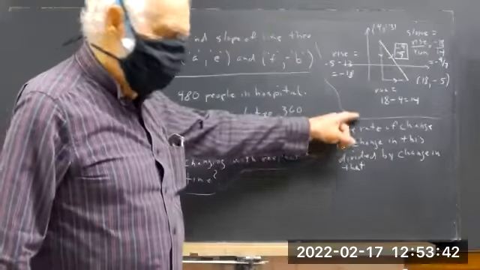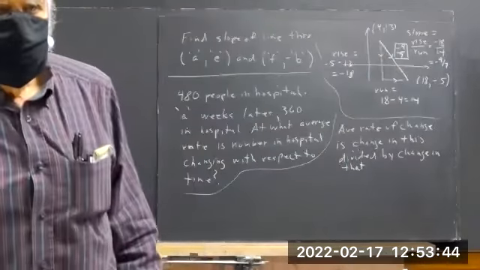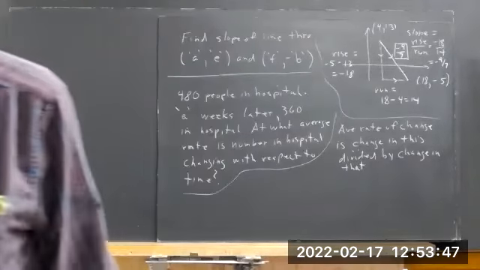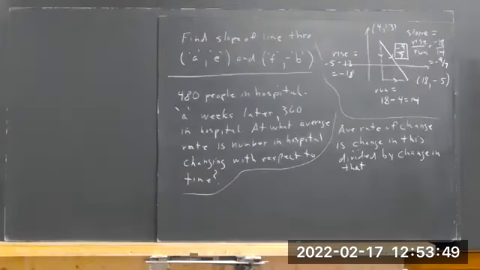Not a very precise statement, but it's kind of where you start. The average rate of change is a change in one thing divided by a change in another. It's a change in this divided by a change in that. Okay?